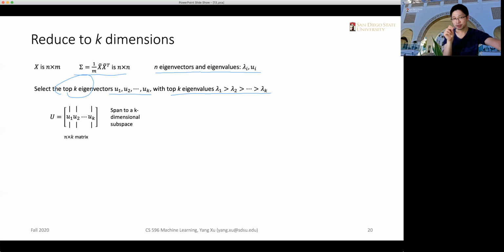Now, if we select only the top k principal components, then we actually select the k dimensions to be left.